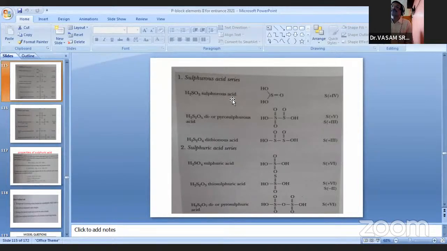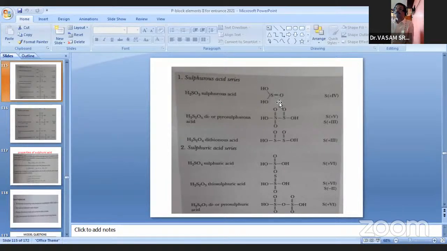First one is sulfurous acid, H2SO3. So this is the H2SO3 structure. The S contains two OH groups, one S double bond O bond. One SO bond is present here, and two SOH bonds are there. Around sulfur, 3 sigma bonds and 1 lone pair. So 3 plus 1, 4. 4 means sp3.